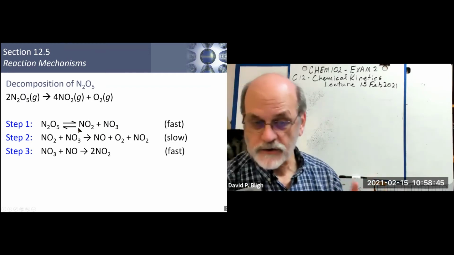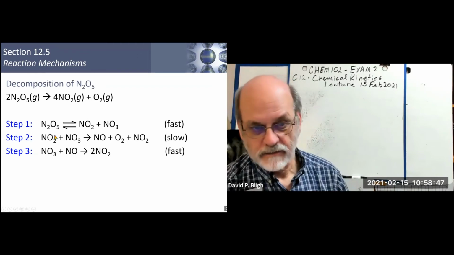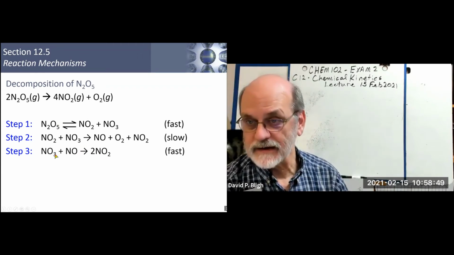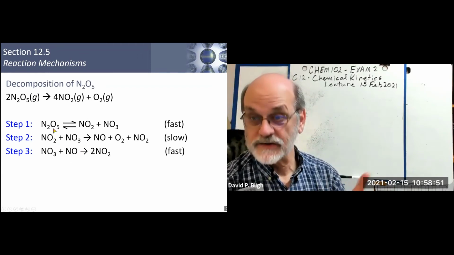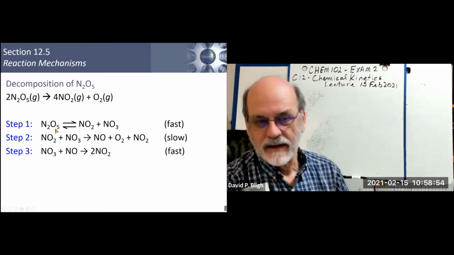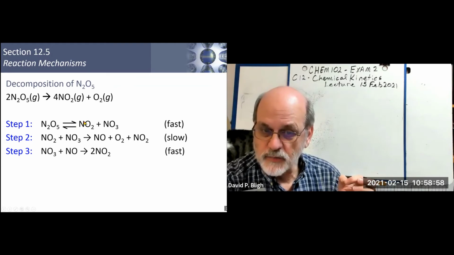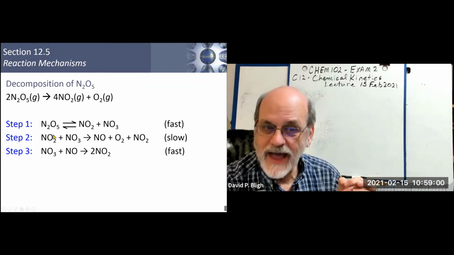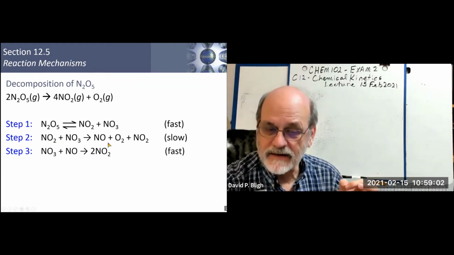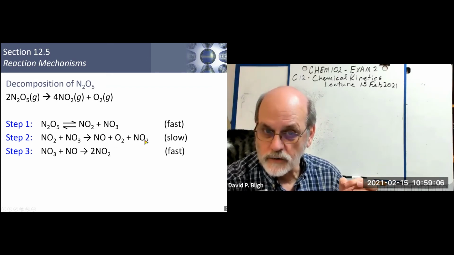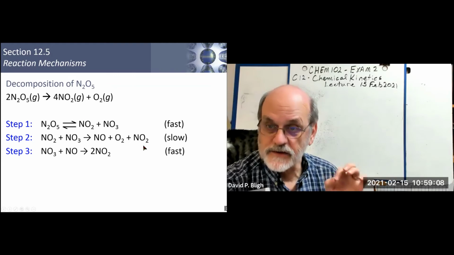So first thing you'll notice is there's only one of them, and there's no N2O5 anywhere else in the mechanism, right? So we're going to have to reconcile that. Then you get to the middle step, which is the slow step. So you take these two products and you make reactants out of them. Now they react and they produce these products, NO, O2, and NO2. That's the slow step.